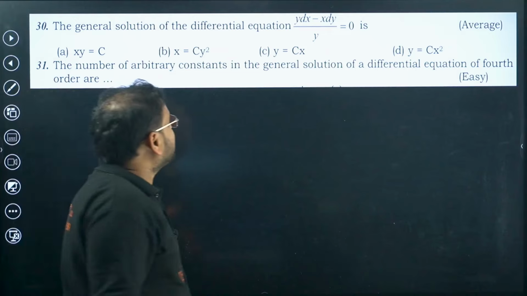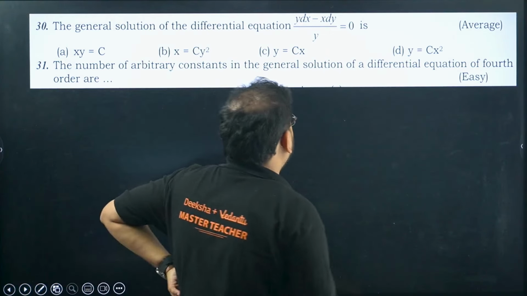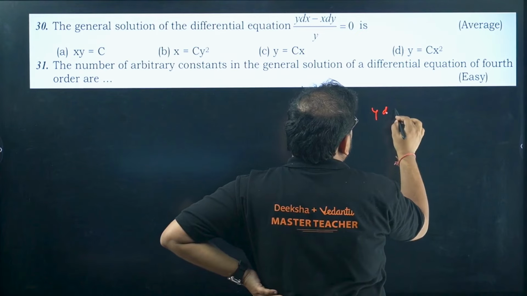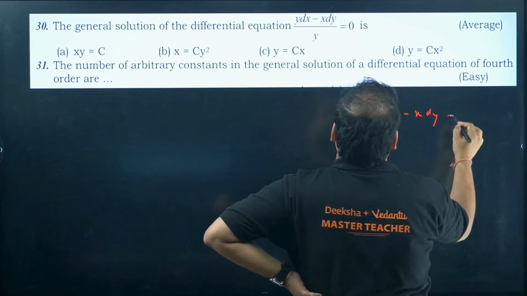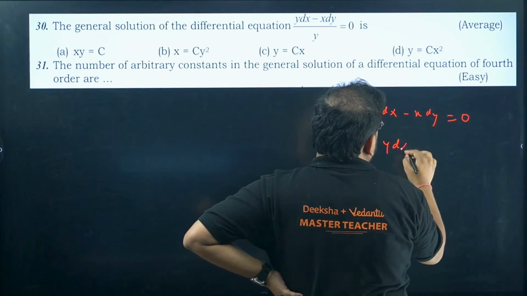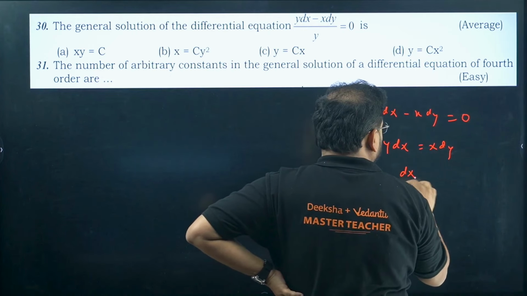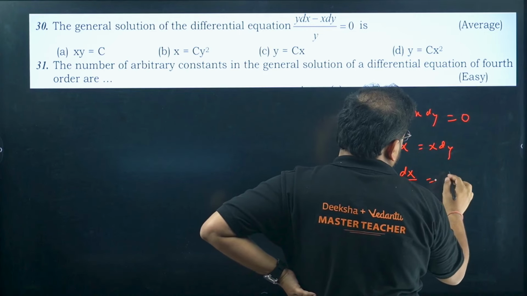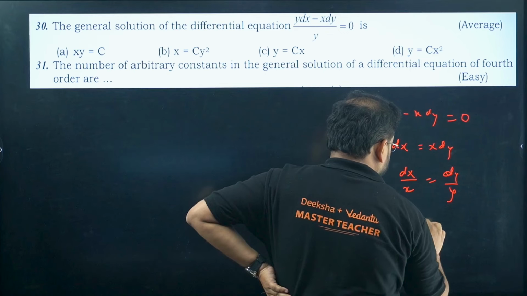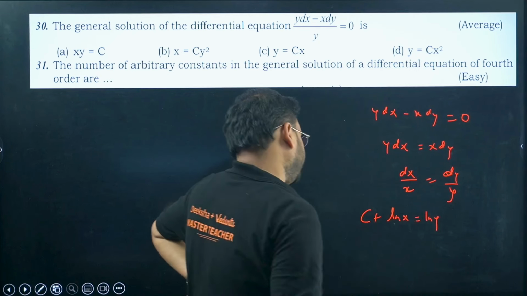General solution of the differential equation given like this: (y dx minus x dy) upon y is 0. How to solve it? Let's check. I can move y to this side. I'll get y dx minus x dy as 0. Switch the sides. I get y dx equals x dy. I'll get dx upon x equals dy upon y. Integrate it. I'll get ln x, and I'll get ln y. I can write plus c over here.